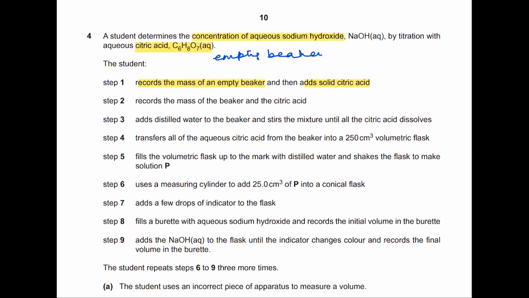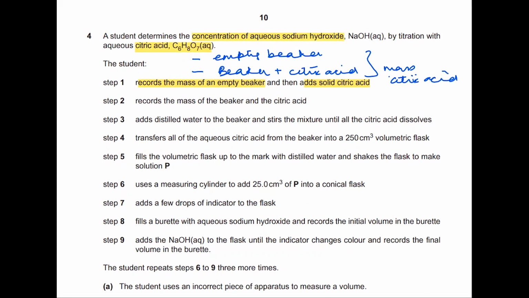And the second step is that he's adding the solid citric acid to the same one. So he has a beaker plus the citric acid present in it, right? When you subtract both the masses, you'll be getting the mass of citric acid there.